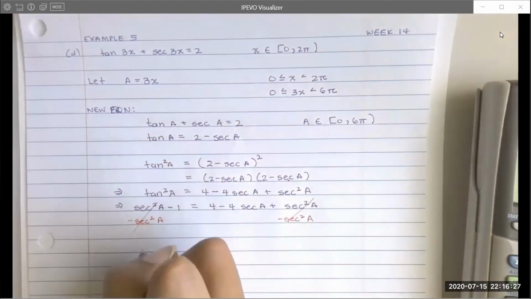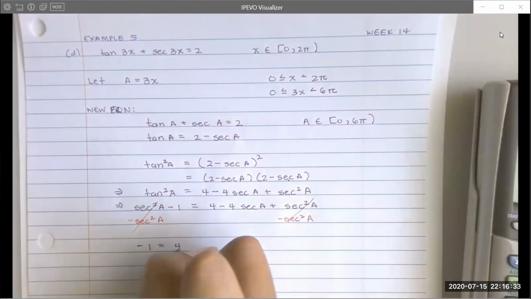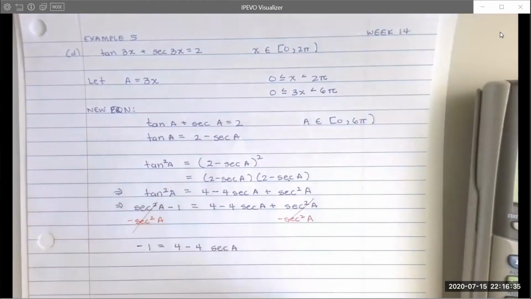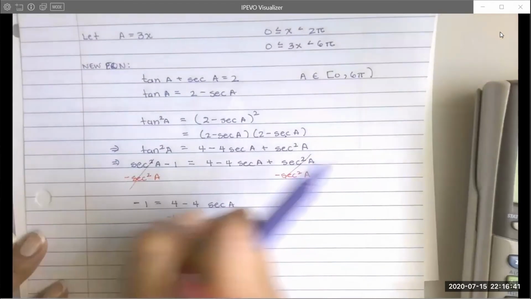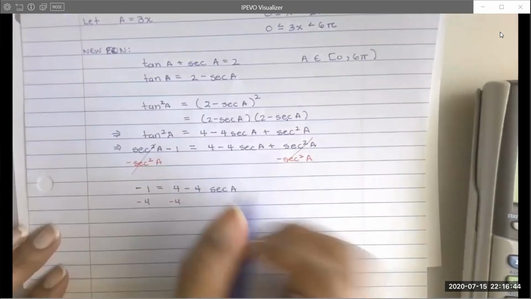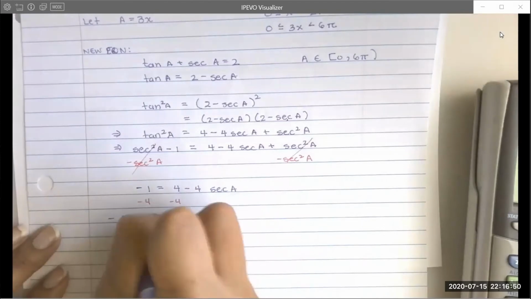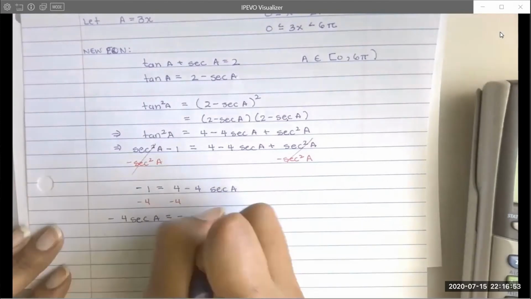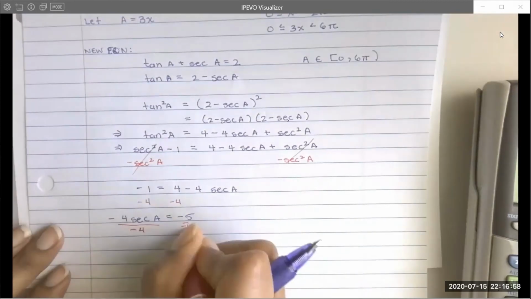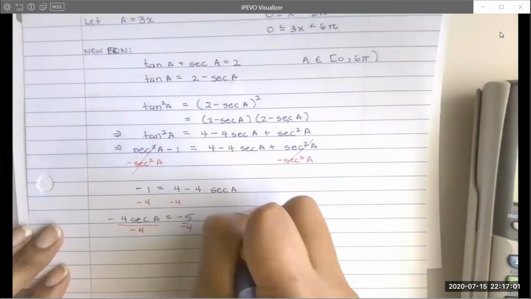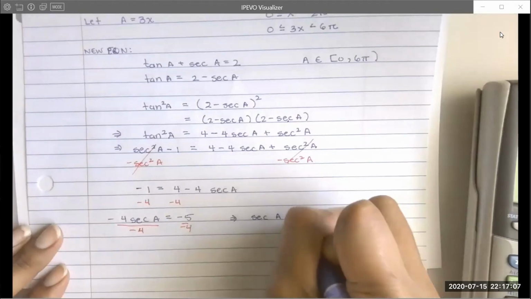So we end up with a negative 1 equals 4 minus 4 secant of A. And I can go ahead and subtract the 4 from both sides, to get, I'm going to start writing secant on the left-hand side, a negative 4 secant of A is equal to a negative 5, divided by a negative 4 on both sides. And we end up with secant of A is equal to a positive 5 over 4.